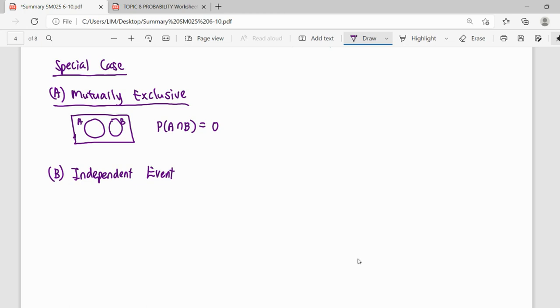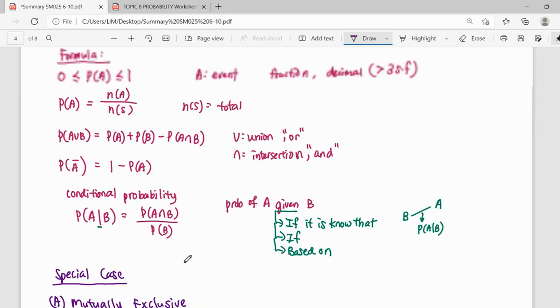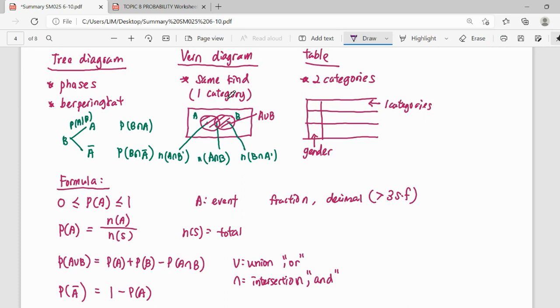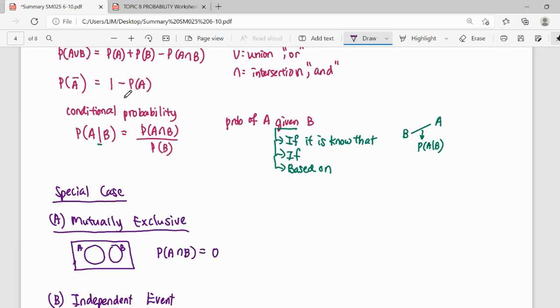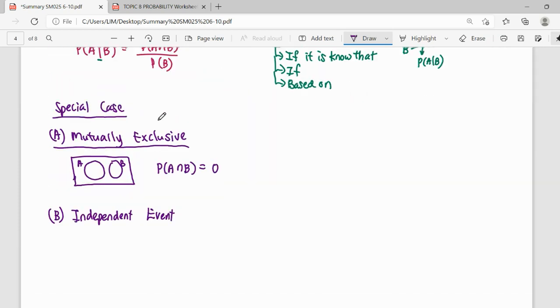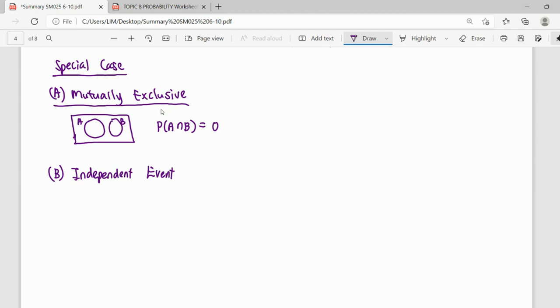So in an independent event you cannot analyze from a Venn diagram. Normally we analyze on a tree diagram. Okay, so independent event, the main idea is talking about their intersect. Both events intersect, they will equal A times B. So when you have an independent case, then only we can apply this concept.